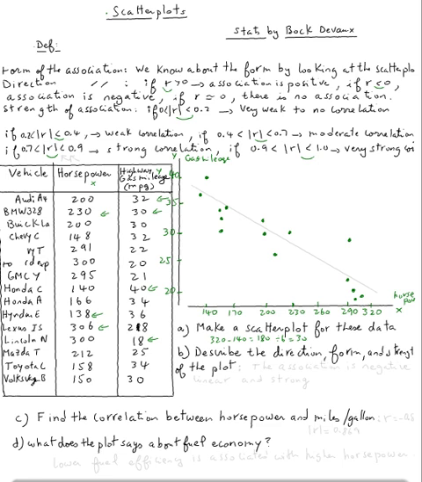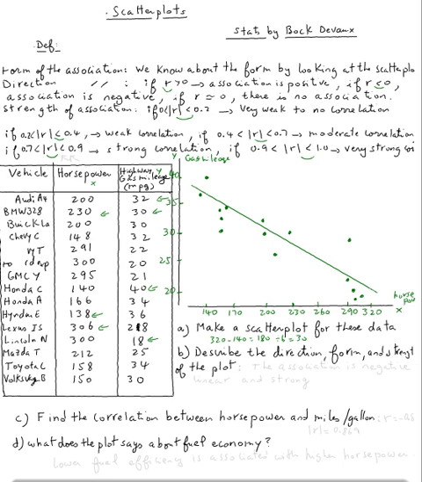The form, the only way to know about the form is by looking at the scatter plot. So if you draw a line that tries to fit all the points, you can tell it's linear, and the direction is negative. So what should we say?